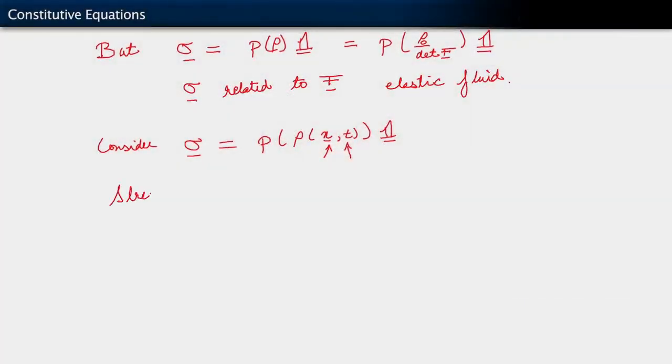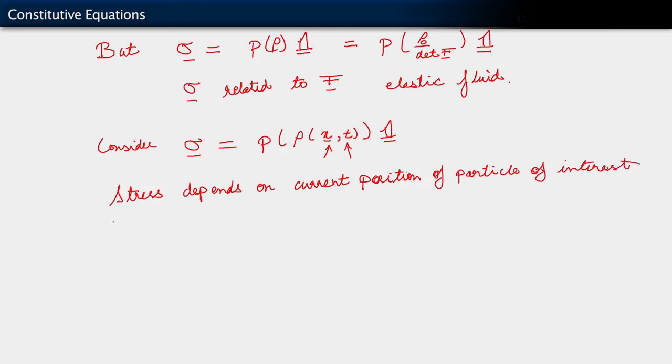Stress depends on current position of the particle of interest and current time.